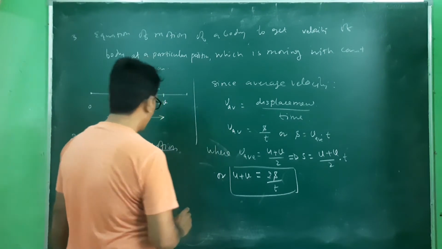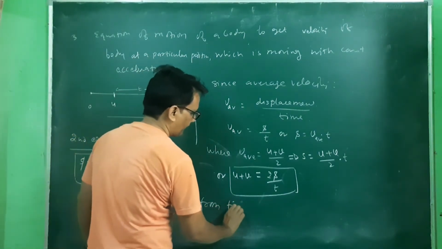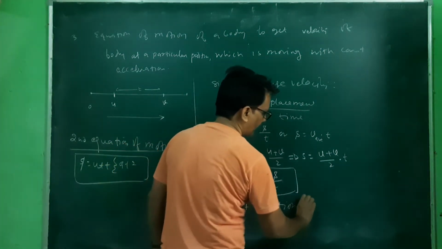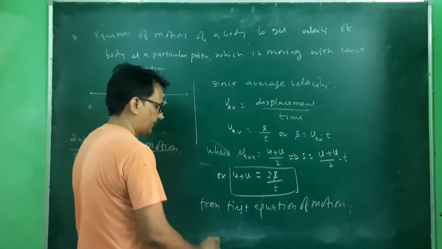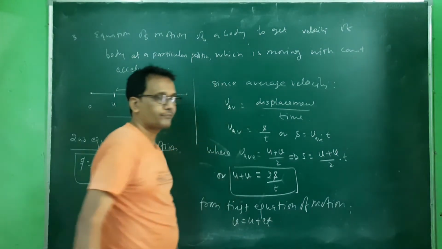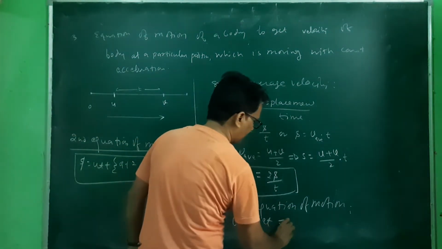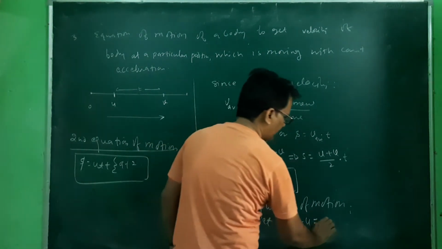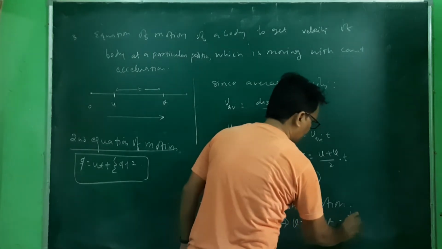And second, from the first equation of motion, we have v is equal to u plus at. This implies v minus u is equal to at. So this is equation 1, this is equation 2.